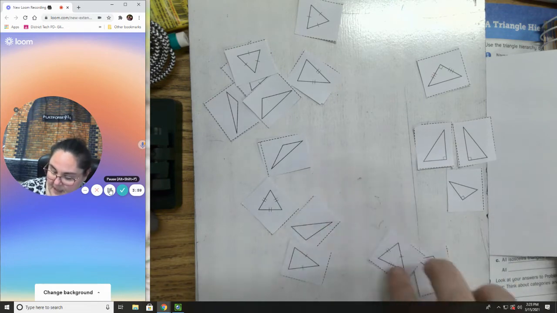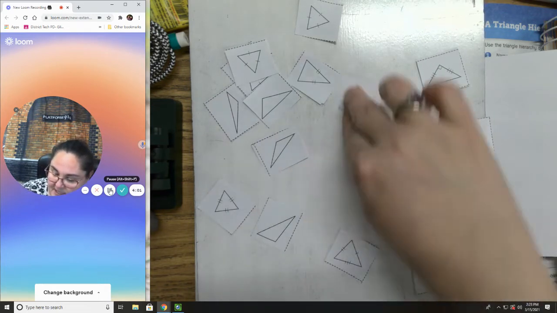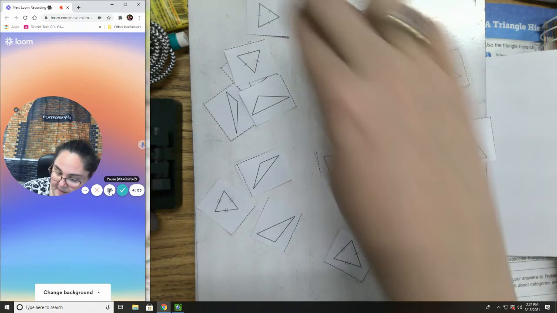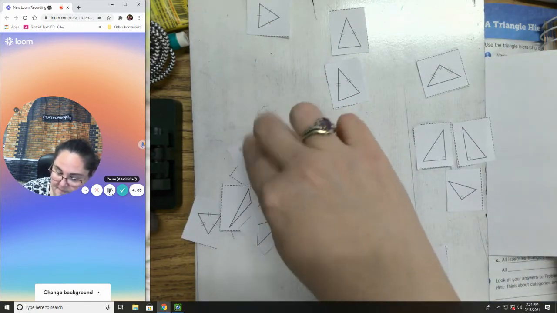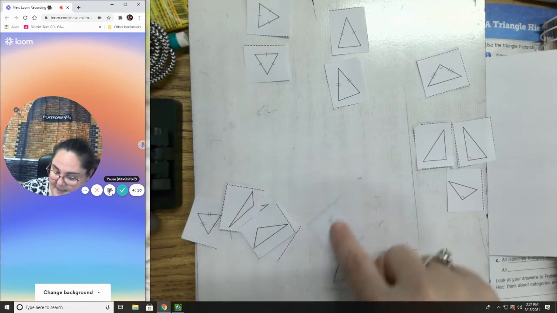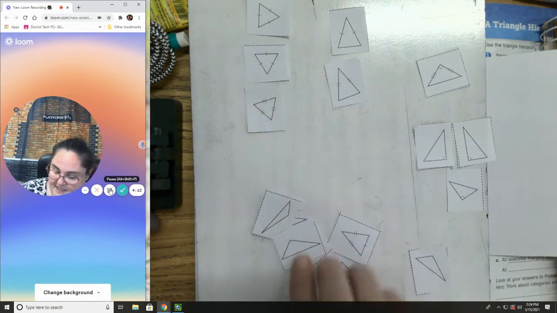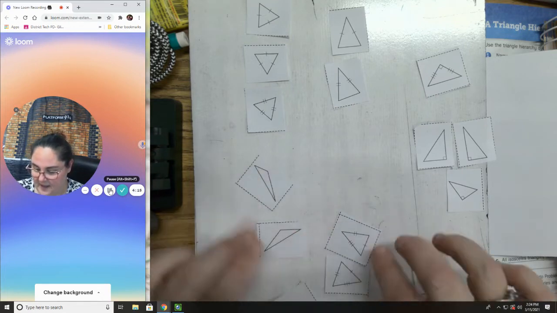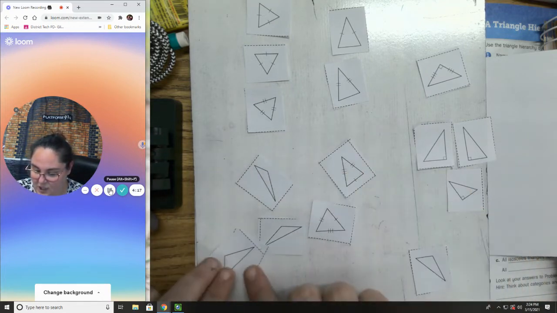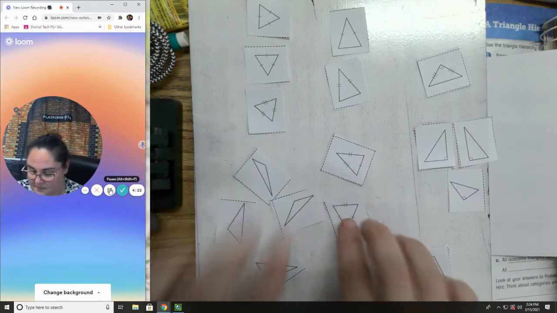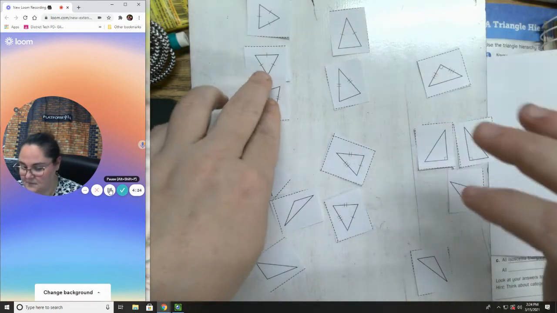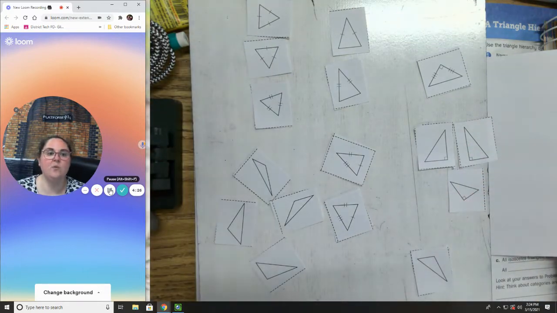Now I see that this one has two sides the same, that one has two sides the same, that one has three sides the same, and three sides the same. And all of these look like the sides are all different lengths. That's how it looks to me. So that is one way that I sorted my triangles. You have this page attached. See if you can find a different way to sort them.